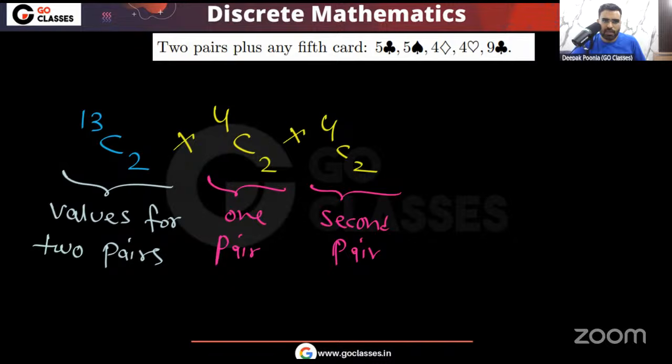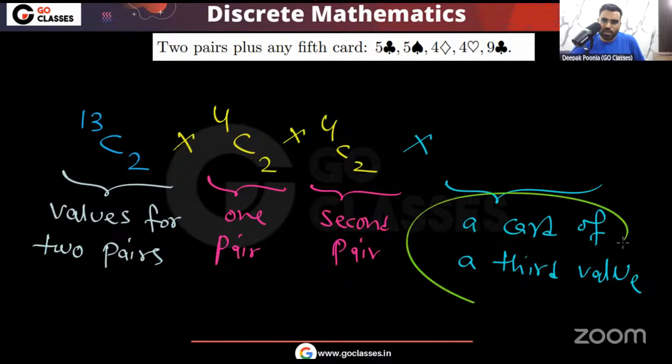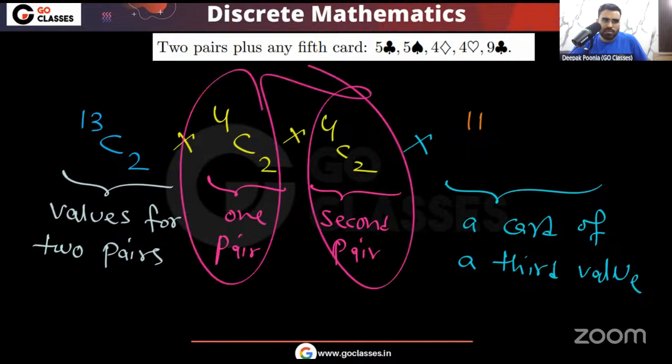Very good. Then what else? Now I need a card of a third value. The two values that you have already chosen, you cannot consider them now. So how many values are actually remaining? 11 values are remaining, because two values we have already chosen for the two pairs.